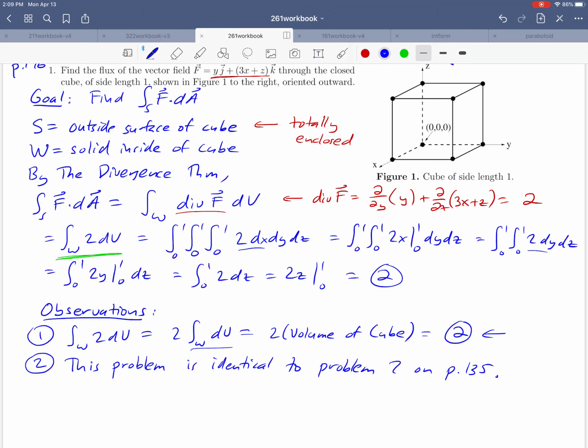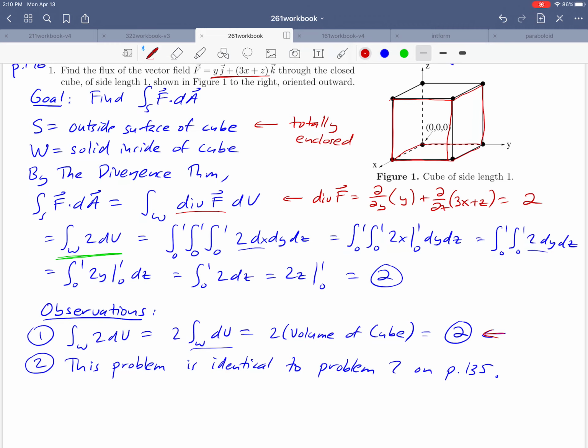Okay, so hopefully you're back from having taken a peek at page 135, and what did you discover? Hopefully you confirmed that the answer of 2 that we got here agrees with the answer on page 135. But the way that you did that problem on page 135 was very different. You calculated the flux through this cube directly, which meant you had to consider all of the 6 faces of this cube separately. There are 6 pieces to this outside surface. That was a very tedious process of finding the flux through each face one at a time.